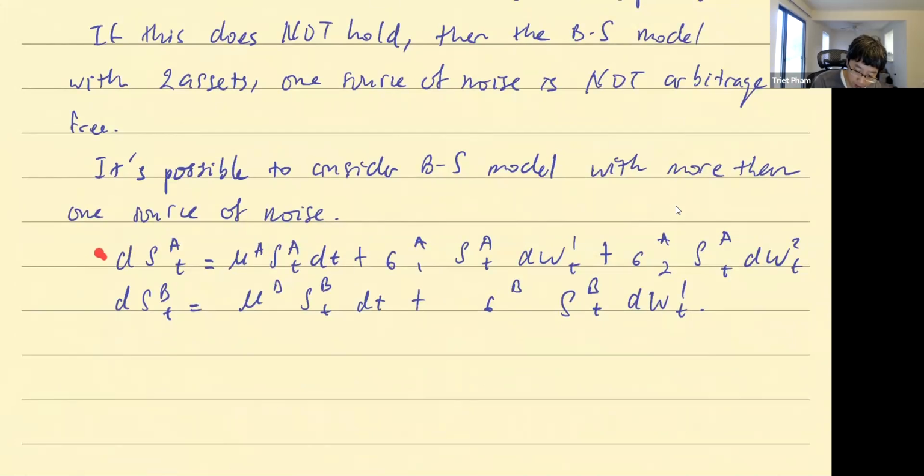So now you see that stock A and stock B are less correlated because stock A has an entirely different source of noise. Oh, by the way, W1 and W2 are both Brownian motions, but they're independent. So they are different sources of noise that feed into the return of the stock. Here you can tell whatever story you want, but maybe they are in the same sector.